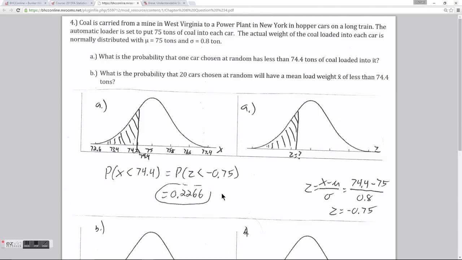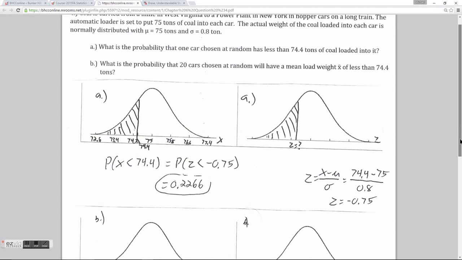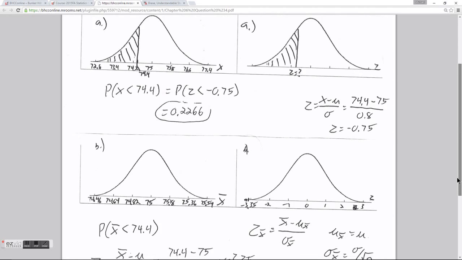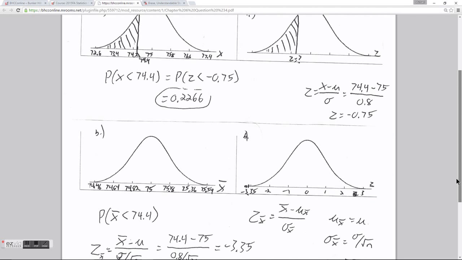That area can be found on our normal table directly, and it ends up being 0.2266. Basically, the probability that a car loaded by this machine would end up with less than 74.4 tons of coal in it is over 22%. So while it's unlikely, it's not really completely rare to happen.